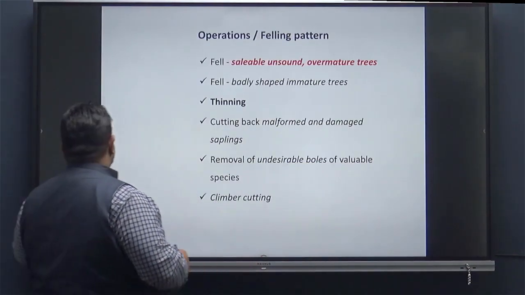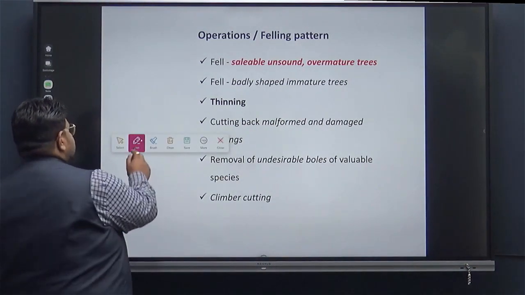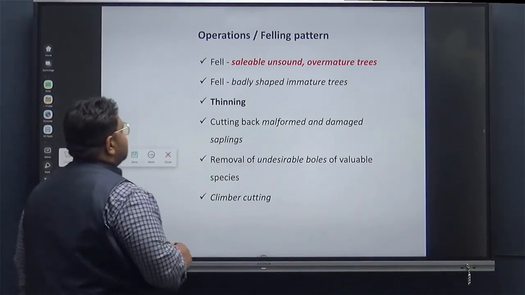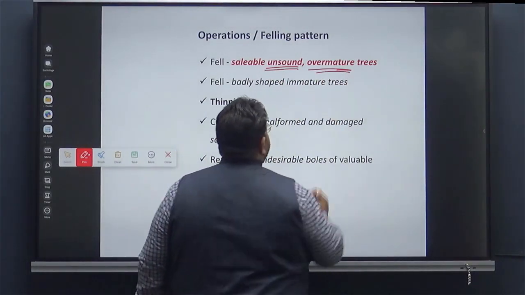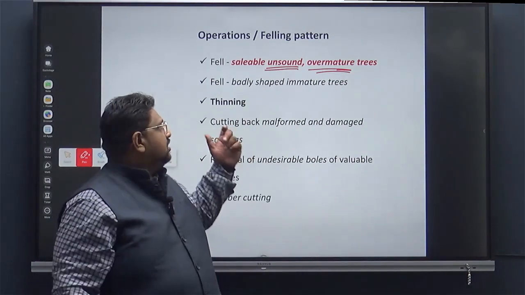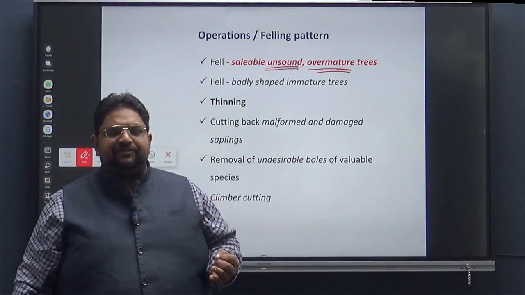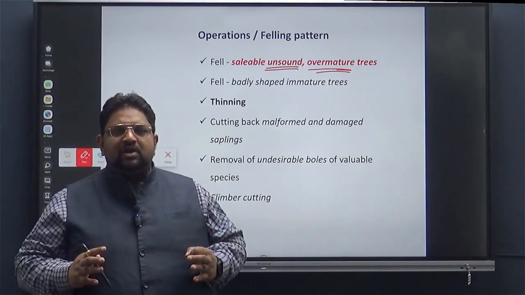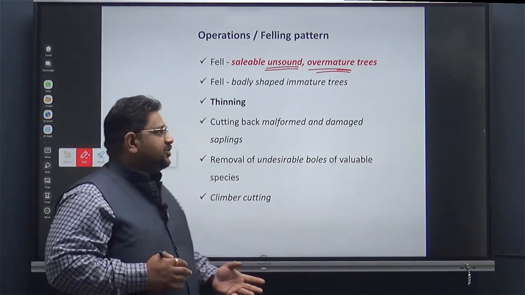What are the operations being done here in improvement felling? Felling of the trees which are saleable, which will fetch some money, but still are unsound or over mature trees. So when you categorize them, those trees which are over mature, unsound, diseased, or deformed, which do not have a proper single straight bole, those trees are cut down and removed from the forest.